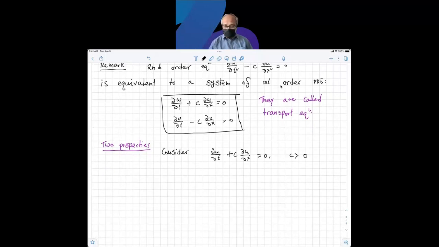If you have not forgotten vector calculus, you know what a gradient is. So look for the gradient here.